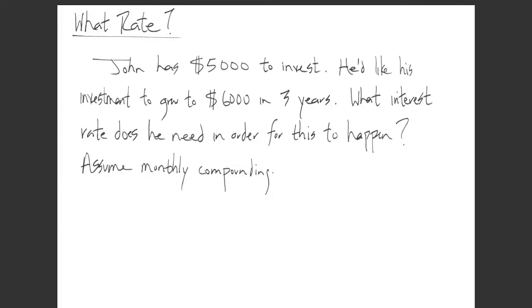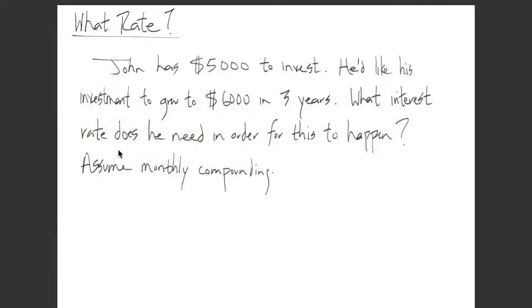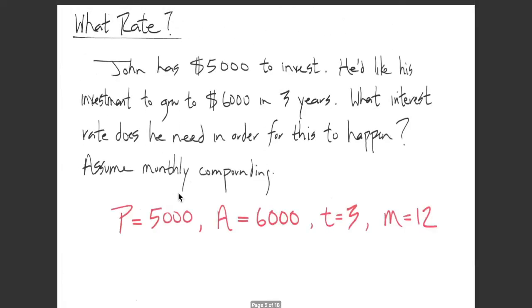So here you can imagine someone with a chunk of change to invest, trying to shop around to meet a certain goal. So how can we use our knowledge of compound interest to inform us on this problem? The first thing you want to do is identify in the problem the values that you have and relate them to the compound interest formula.